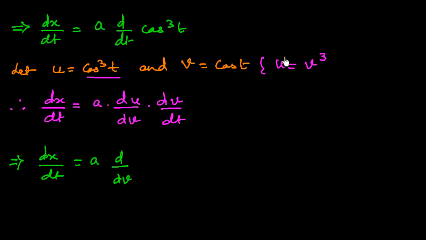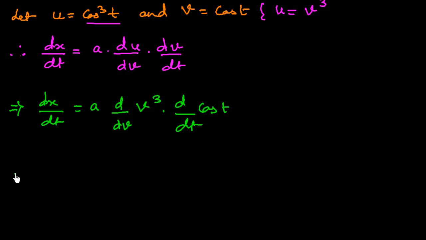So we write d over dv of v cube with respect to v, and d over dt of v, where v is equal to cos t, so it is with respect to t.